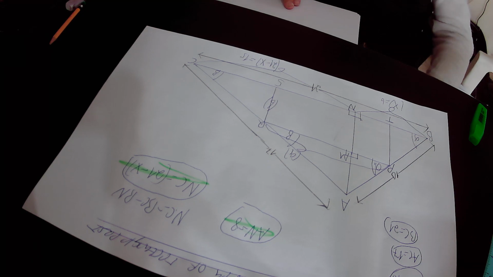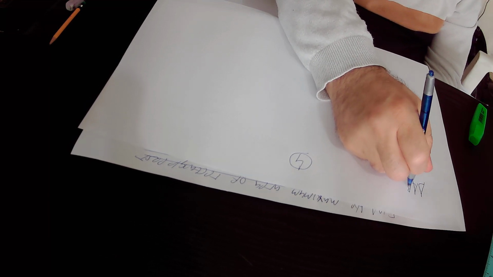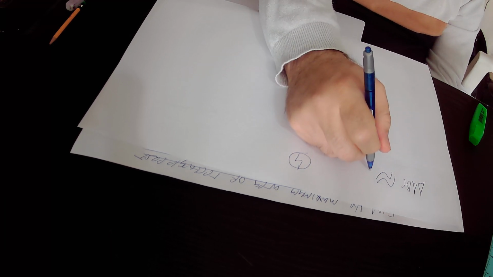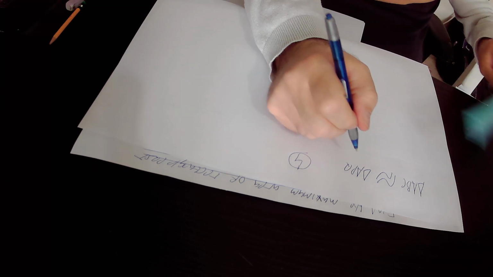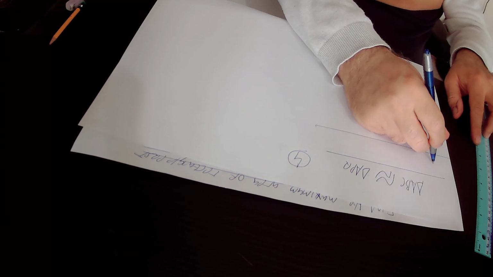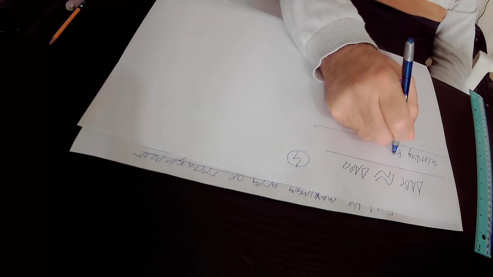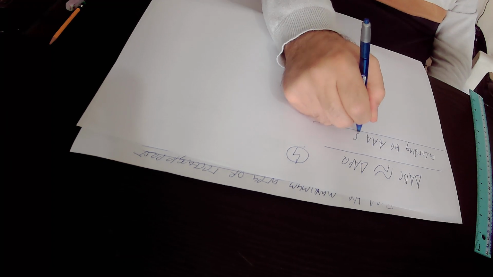So write it down: the big triangle ABC is similar to the small triangle APQ, according to the angle similarity rule.